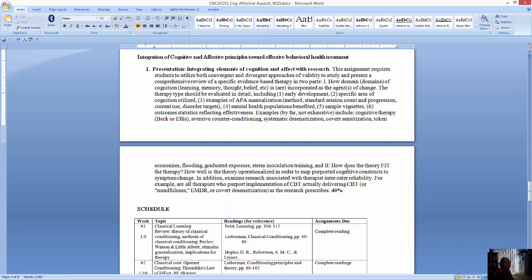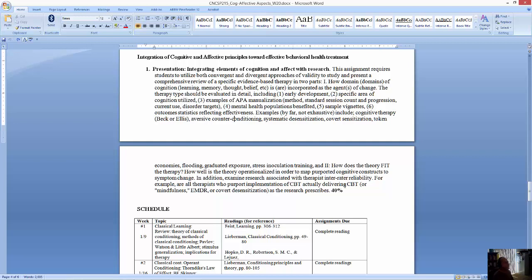Secondly, and perhaps not as important as this first part, is how does the theory fit the therapy? How well does the theory, how is it operationalized in order to map purported cognitive constructs to the symptom change?